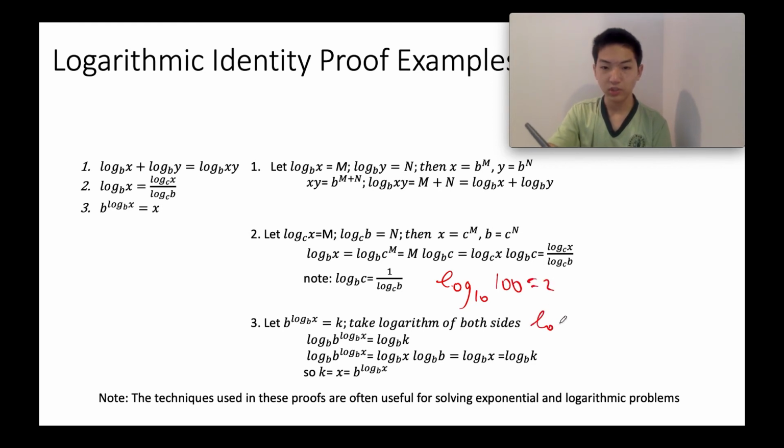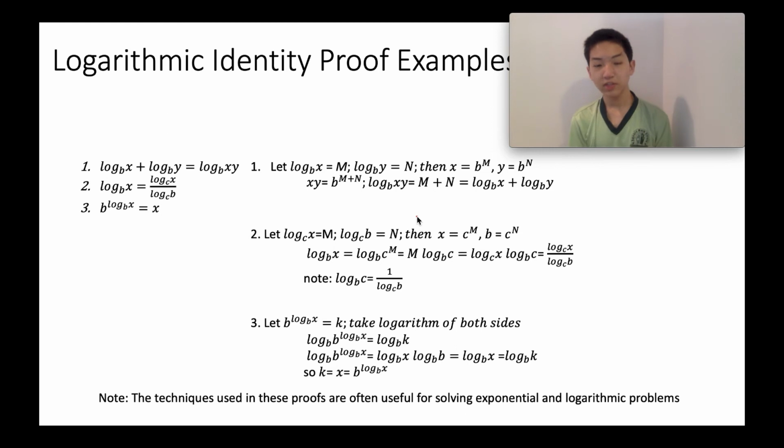Well, if you switch them, we have log base 100 of 10. Well, that's equal to 1/2, because the square root of 100 is equal to 10. So we can see here that this holds true, at least for these values.